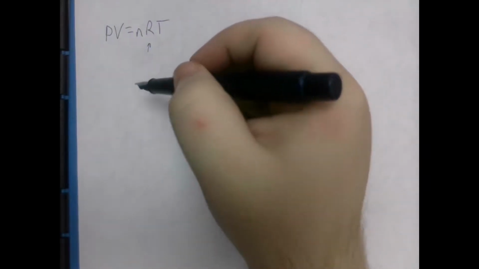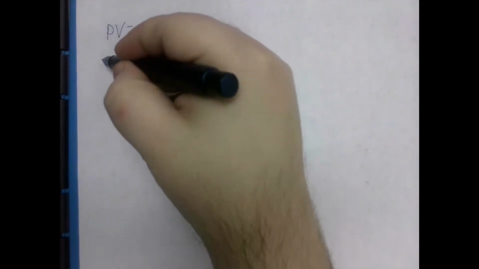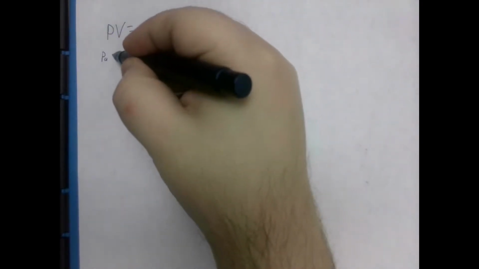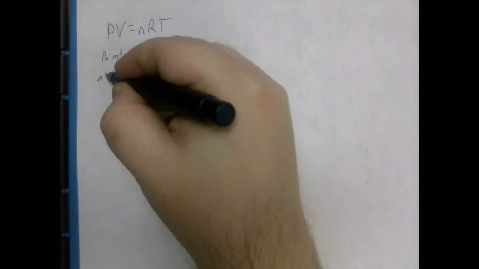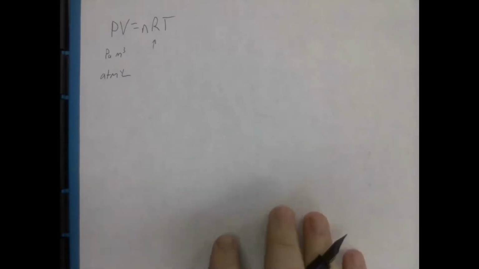In physics class, I tend to keep to Pascal and cubic meters. But atmosphere and liters is very useful. Do I give you the values of R for anything other than that? No, I just give the mole and Kelvin, which means you'll need to solve for it in the correct units.